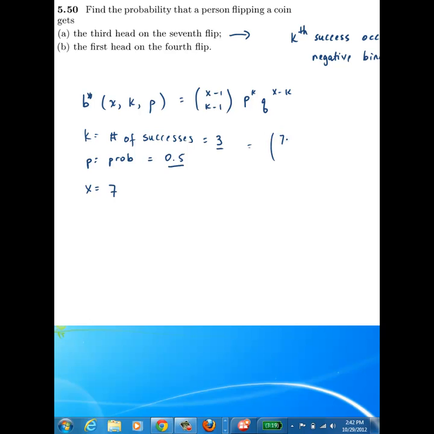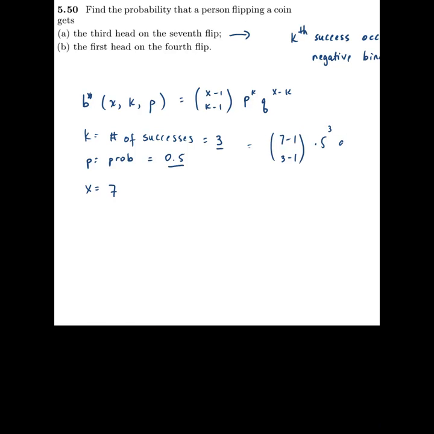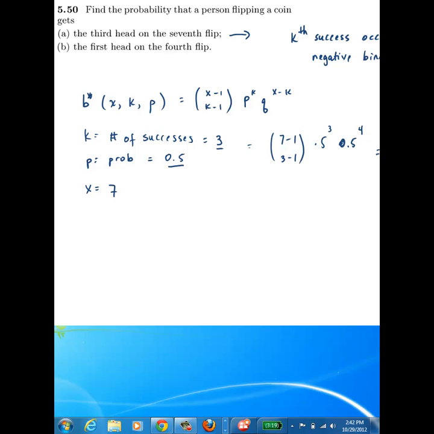So we have 7 minus 1 choose k, which is 3 minus 1, times 0.5 to the power of 3, and this is also 0.5 to the power of x minus k, which is 4. And this should be equal to 0.1172.